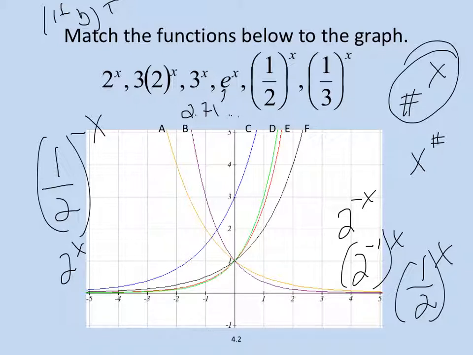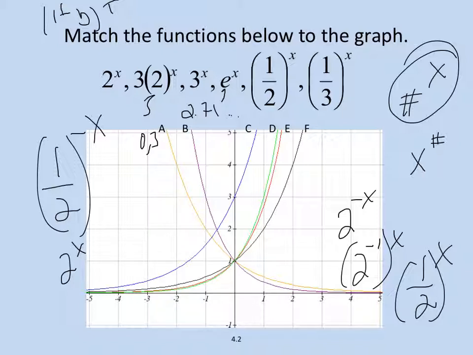So I'm looking at these. So let's figure out which ones of these C, D, E, or F matches up with these growth functions. Well, you see what's different about this one. I'm noticing there's a 3 times 2 to the x. Well, if x is 0, 2 to the 0 is 1 times 3 is 3. So that tells me I have a y-intercept of (0, 3).